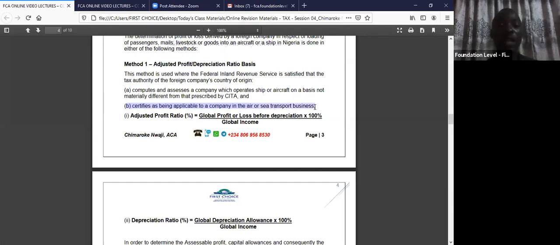So they are telling you that the way Nigeria computes theirs is not different from what the country computes theirs. That's one. They are going to certify this ratio. So once you see a question that, 1, the FIRS is satisfied, 2, they certified this ratio, then you know it's method 1 you are going to use.